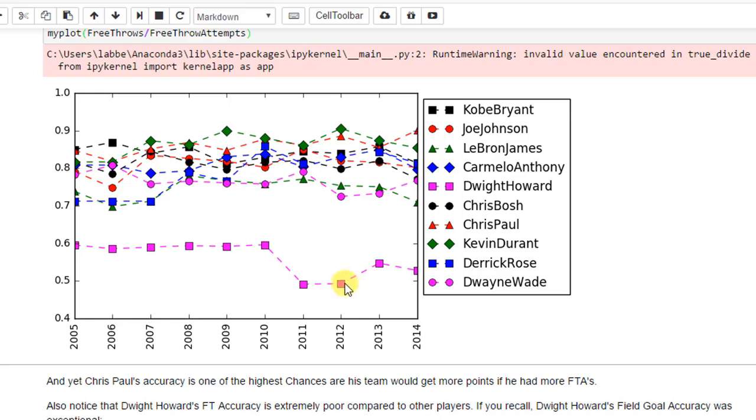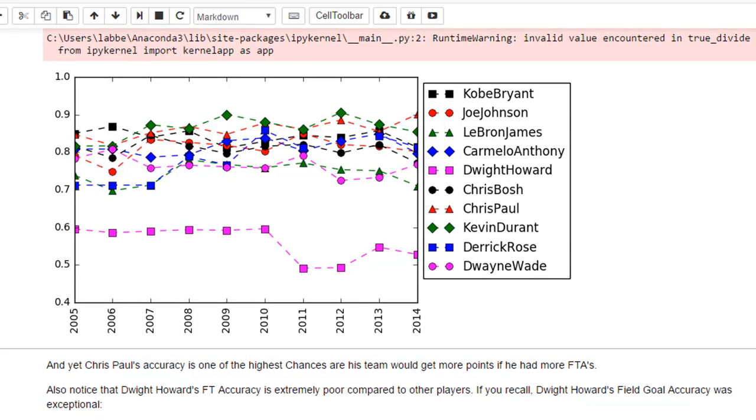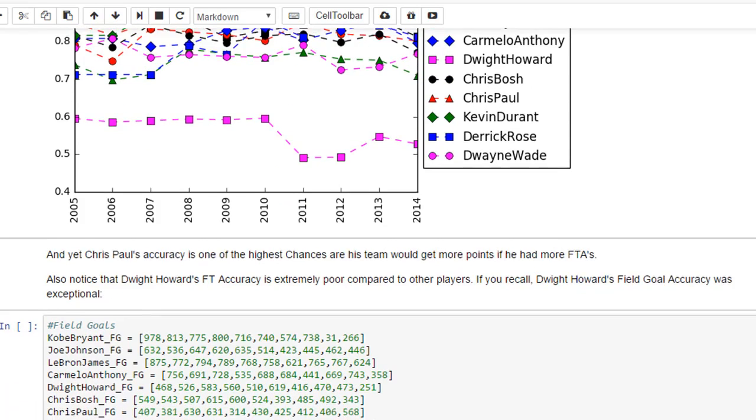And this is strange because if you remember in the lecture, we had a very high accuracy of field goals for Dwight Howard. So we must investigate what is happening with this poor performance on free throws. Let's try to answer that.